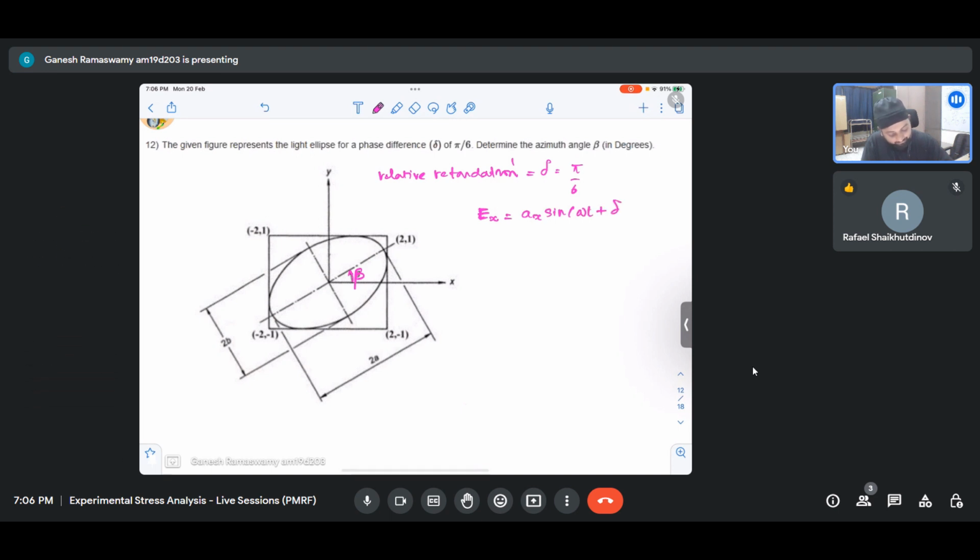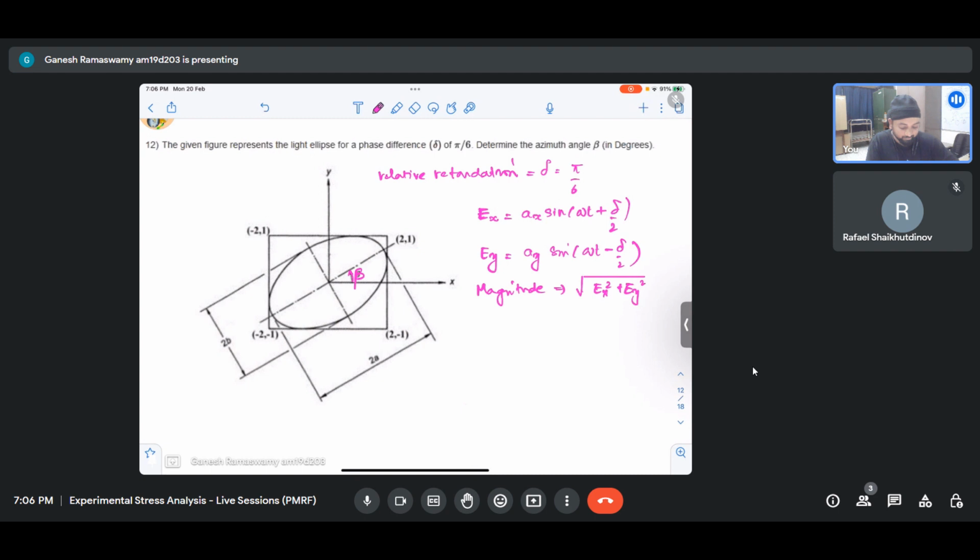So let us say if I were to divide this into two and distribute it among the two, delta by 2. The magnitude of this light vector would be the square root of the sum of the squares.